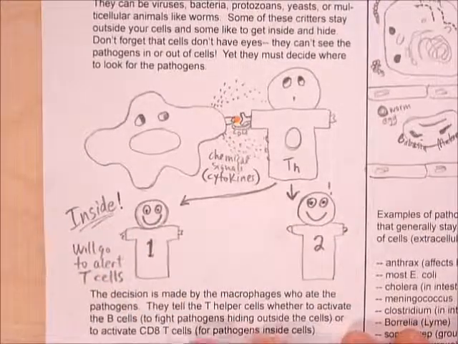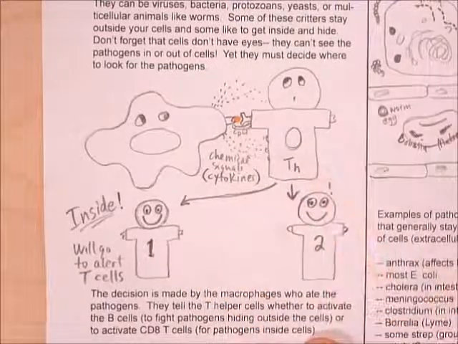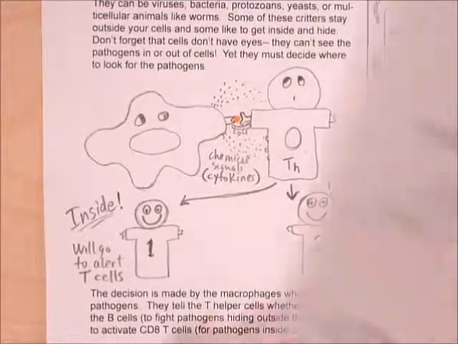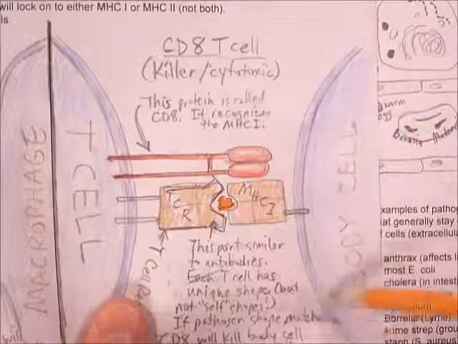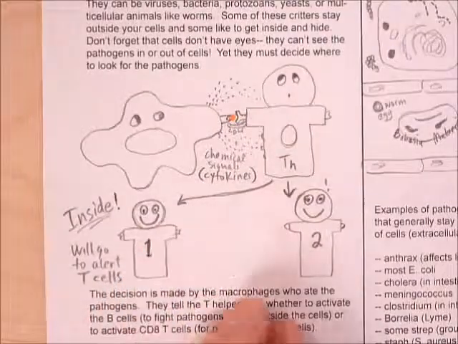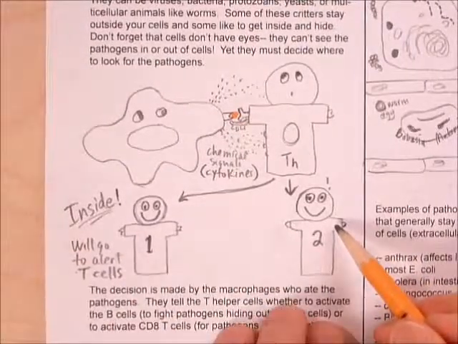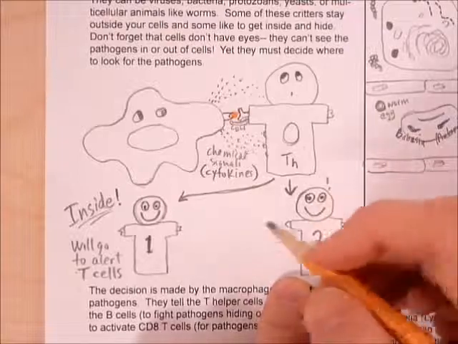He'll say, look inside cells. So he's going to go alert the T cells. Because if it's hiding inside, remember, if it's hiding inside, the CD8 can kill it. Okay? So if it is not inside, if it thinks it's outside, it becomes number 2.